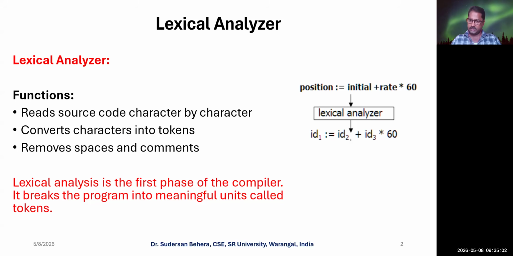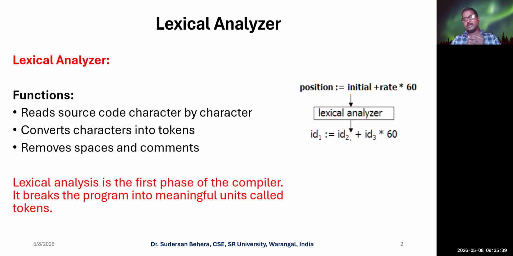If it is a constant, is it an integer constant, or a floating point constant? Or is it a keyword, or an identifier, or an operator? So it tries to identify the class of that particular word. The process of identifying the class of a word is called tokenization. And for each word, there is a class that is called a token.